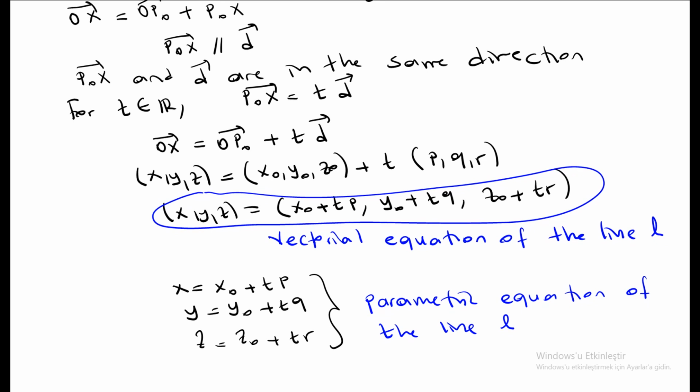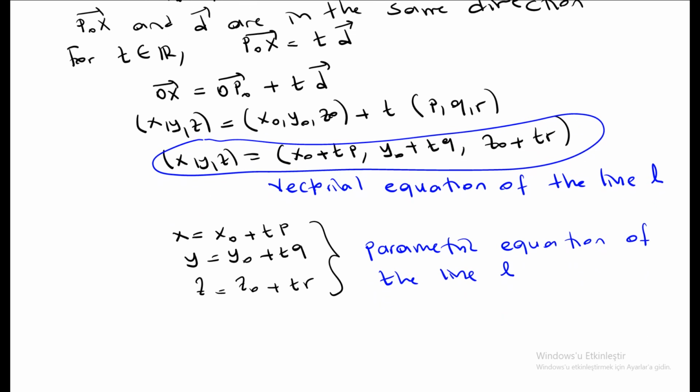So now if we write all these equations in terms of t, so if we take out these t, then we obtain this one: x minus x sub 0 over p, y minus y sub 0 over q, and z minus z sub 0 over r.